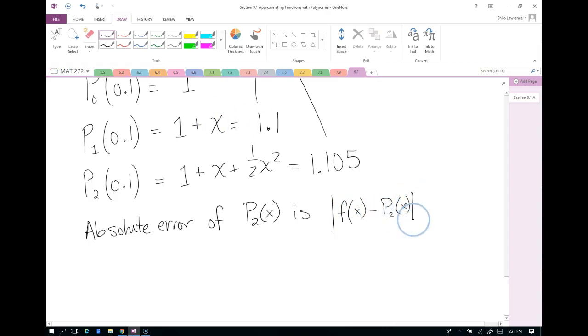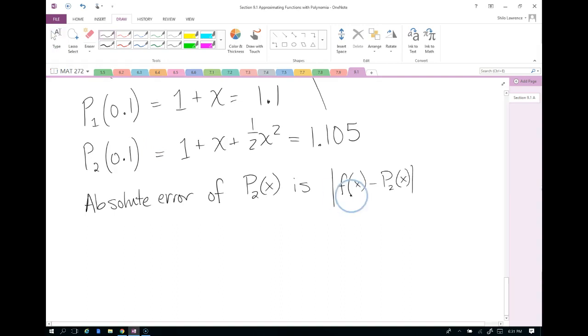And we've got absolute values around there because we don't really care which one's bigger, which one's smaller. We just want to know how far apart they are. So f of x is the exact value that we'd most likely have to get from our calculator. P sub 2 of x is the polynomial approximate that we got.